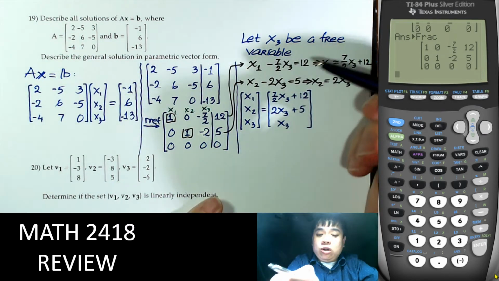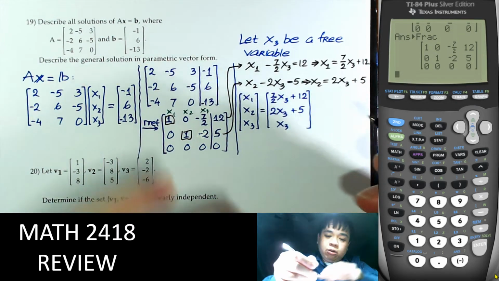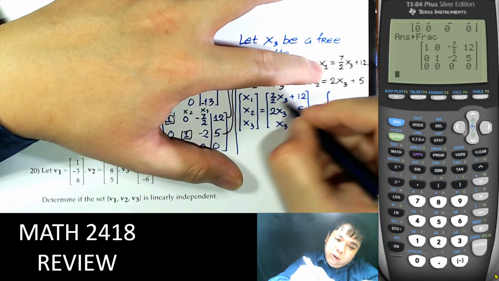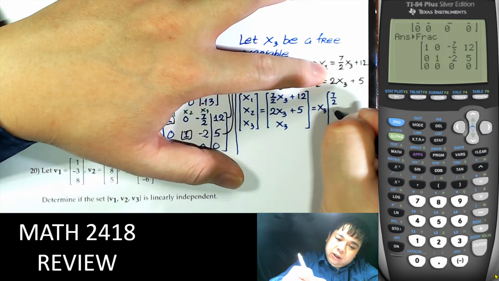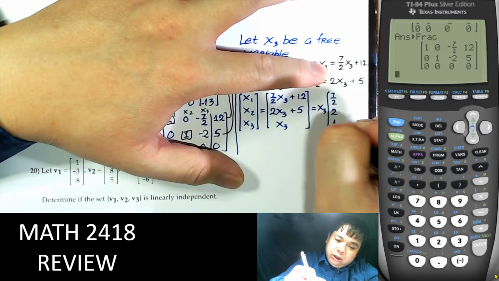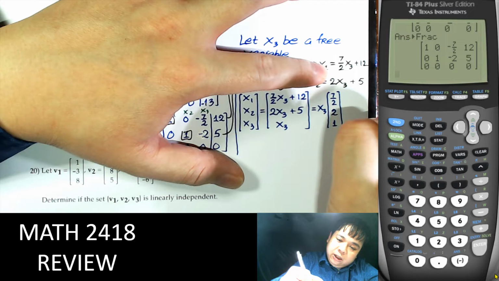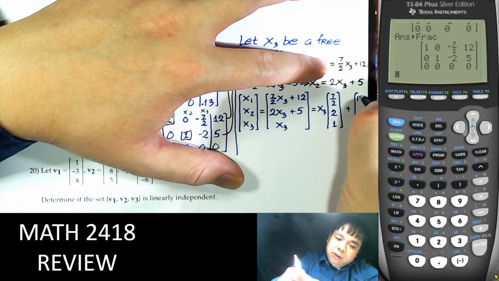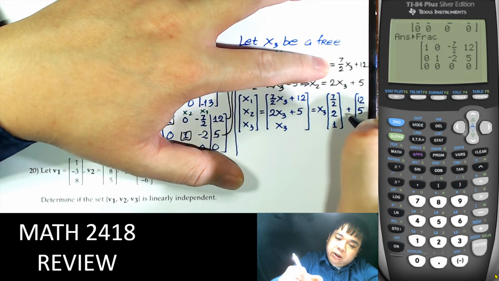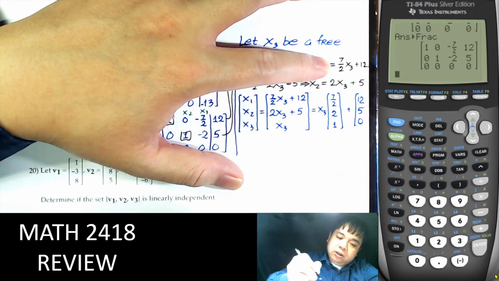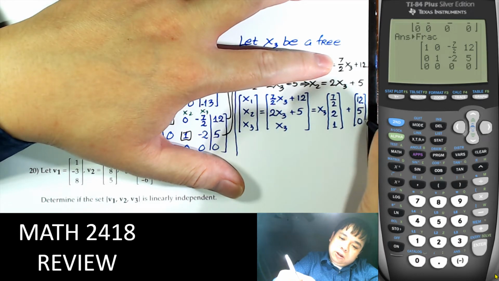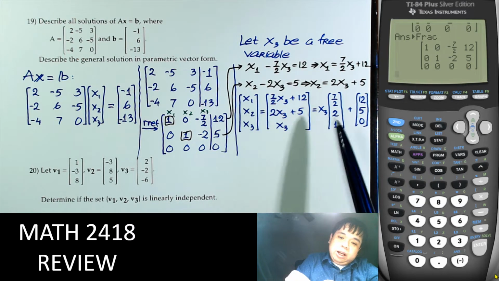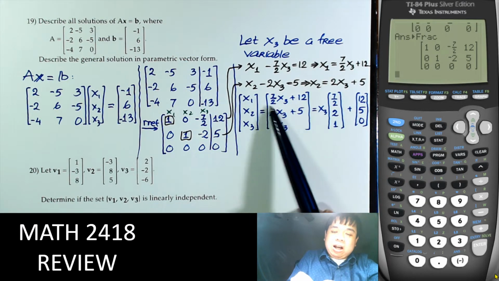So now we split all of this, have x3, we factor out. We're going to have 7 half, 2, and 1. All of them have x3. The other one doesn't have anything, just constant: 12, 5, and then 0. Right. So we write the solution and factor out x3. We have this.